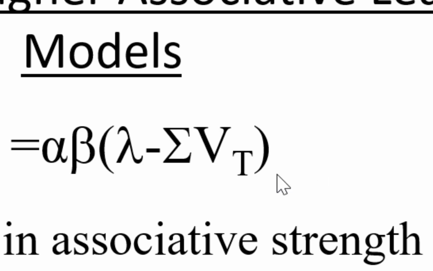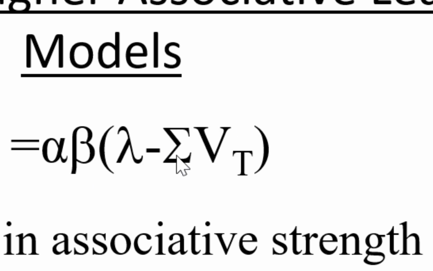Then, this is simply representing all that has been learned. All the association, T stands for total. And if we're just doing one single stimulus, it's the associative strength of A. So let's think about this for a moment. If A is a tone and I haven't reinforced it at all, the association on that trial is probably zero.